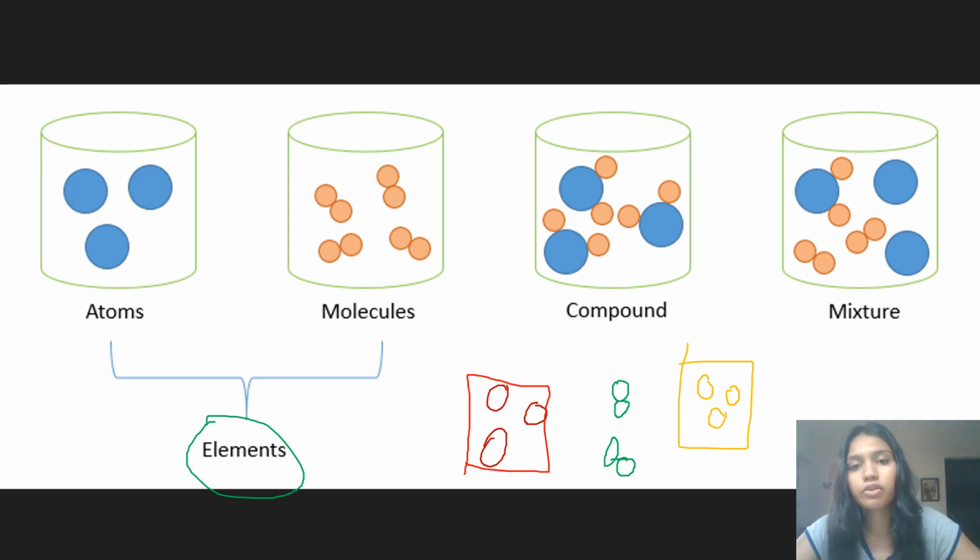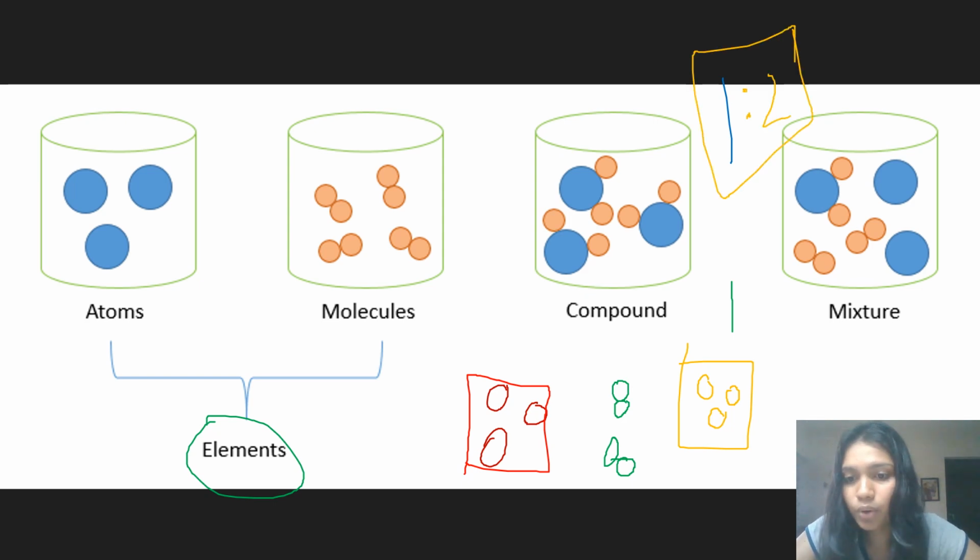As you can see, it's in a fixed proportion of one blue to two orange. It's a fixed proportion and that's never going to change. So a compound is formed when elements are bonded together in fixed proportions, two or more elements.